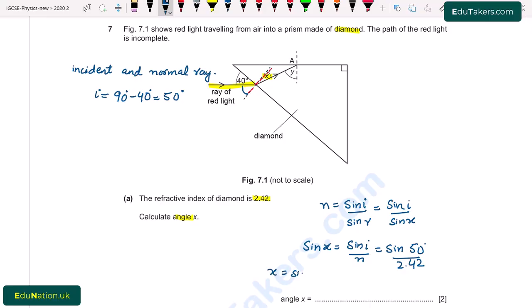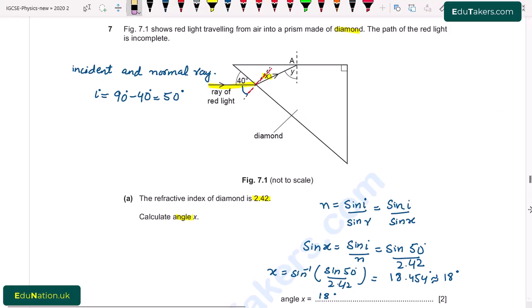That's why we have to take sine inverse of this value. And x comes to be 18.454. It is approximately equal to 18 degree. So the angle x will be 18 degree.